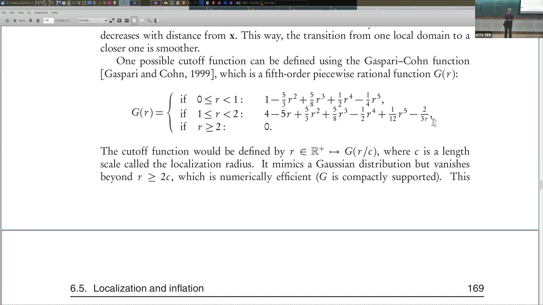So for each of those variables, you apply a function of this form such that the correlation of, say, the temperature between here and New York should be set to 0. Between here and Pune, it should be suppressed by a value somewhere between 0 and 1, and so on and so forth. That is given by some function along these lines, and this is quite a commonly used function.